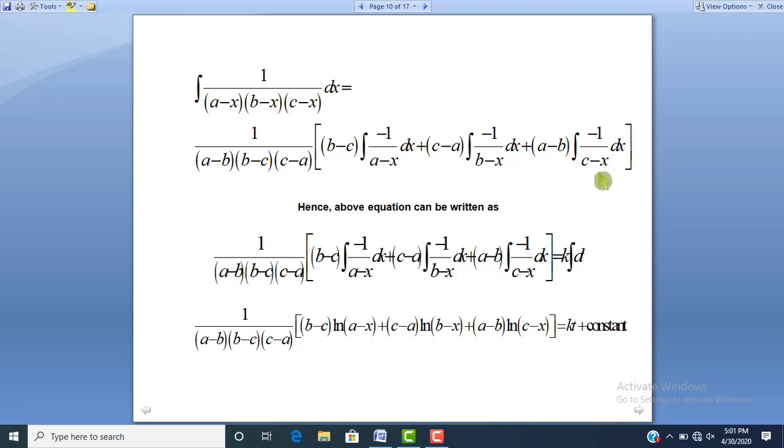This equation has been written by using the rules of integration, and the same equation can be written as follows: 1 over (a minus b) into (b minus c) into (c minus a) into [(b minus c) integral minus dx over a minus x plus (c minus a) integral minus dx over b minus x plus (a minus b) integral minus dx over c minus x] will be equal to rate constant k into dt.